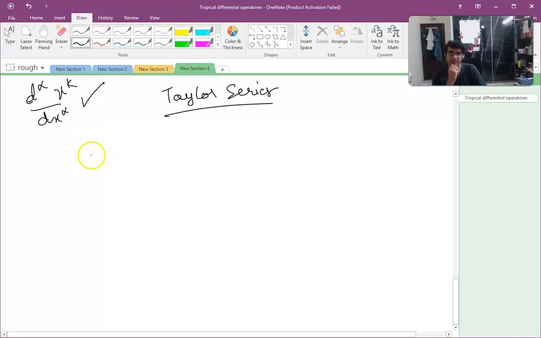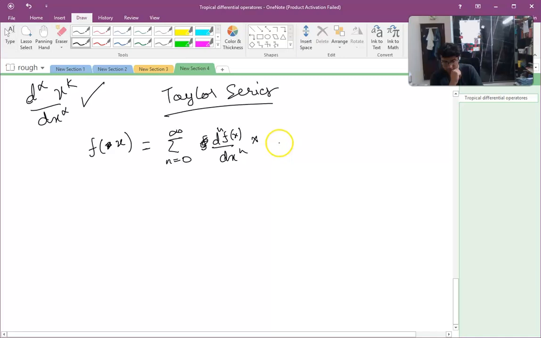If you have a function f of x, it is an expansion in terms of polynomials, where I have an infinite sum that is given by the nth derivative of f of x, dn f over dxn, evaluated at a. So this is a function approximated at a point a.